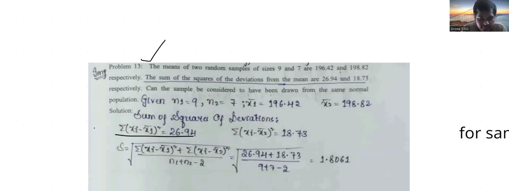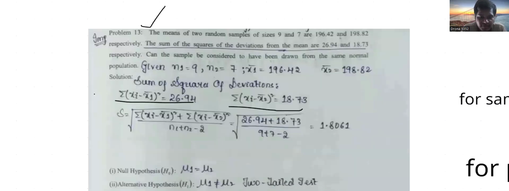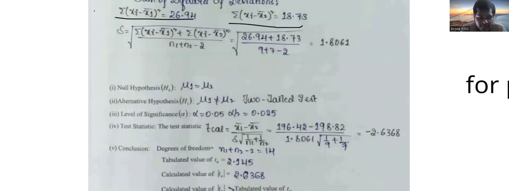Since the standard deviations weren't given, we have calculated the standard deviations. And here they don't mention any keywords like greater than or superior, so we treat it as a two-tail test and alpha equal to 0.05, and the formula is changed.